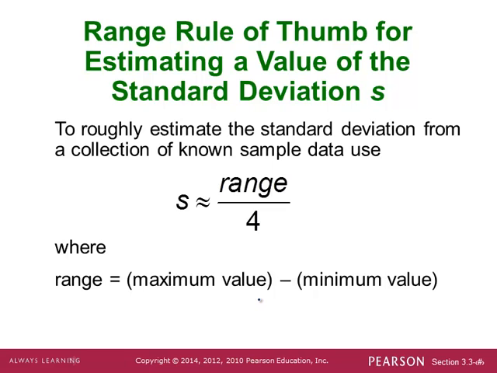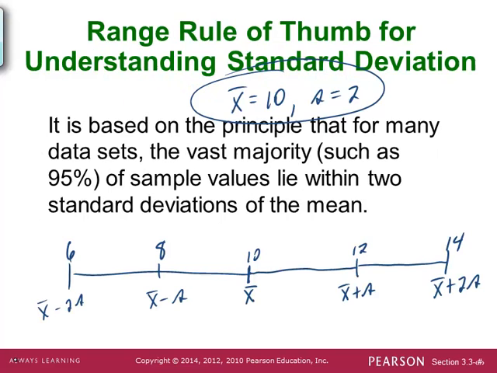If we go back, let me show you this picture here. We've got the mean minus 1, minus 2, and plus 1 and plus 2. There's actually 4 here, so you would expect almost the entire set of numbers to cover these 4 standard deviations.